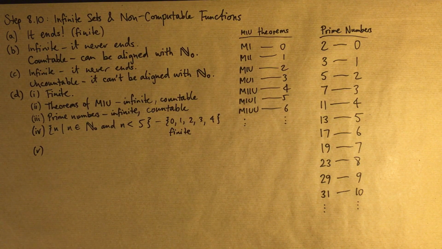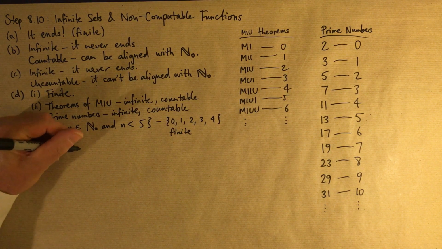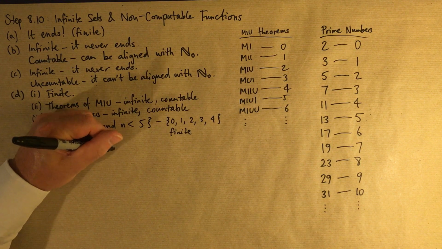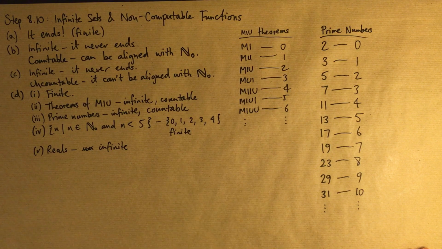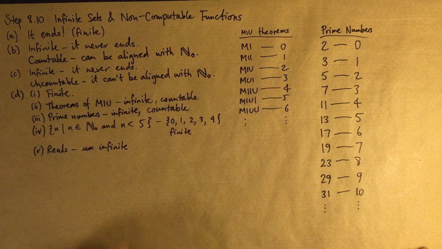Okay, the set of all the real numbers, reals, that's uncountable, so infinite first. We know that there's an infinite number of real numbers. When we do our x, y axes, the real numbers are all the possible values that x could have and all the possible values that y could have.